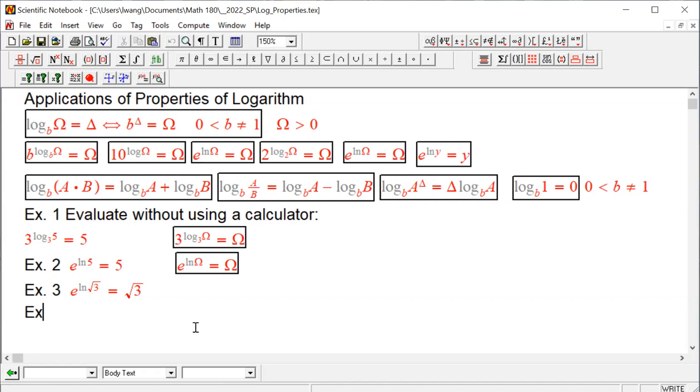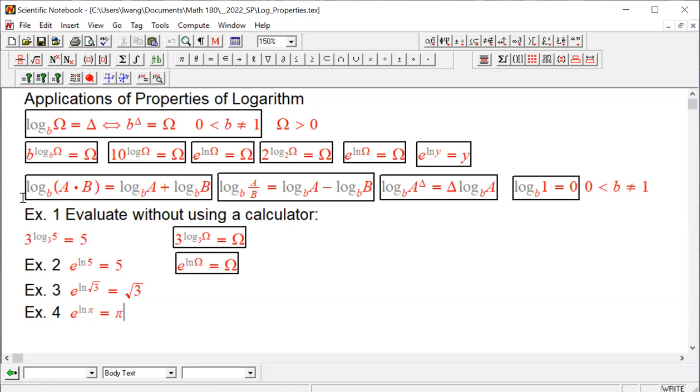Number 4, we have e to the power of ln of pi. What would that be equal to? Equal to pi. Yay. Easy, right?